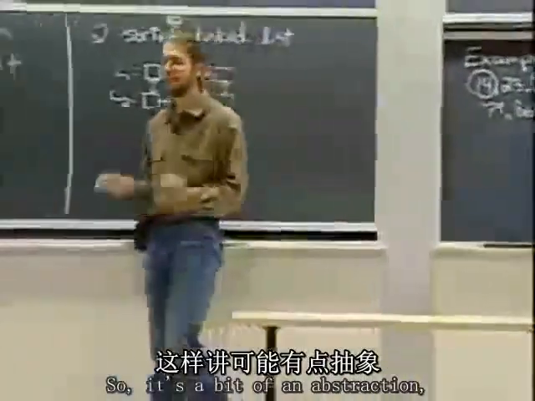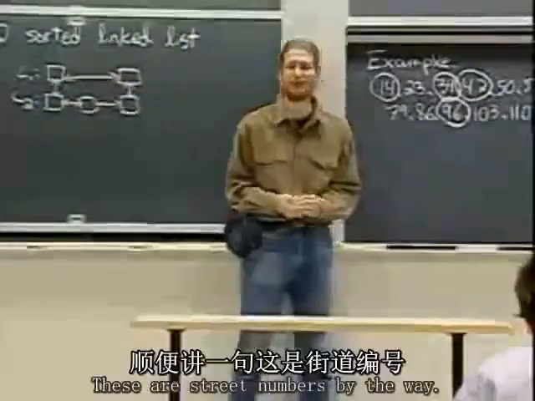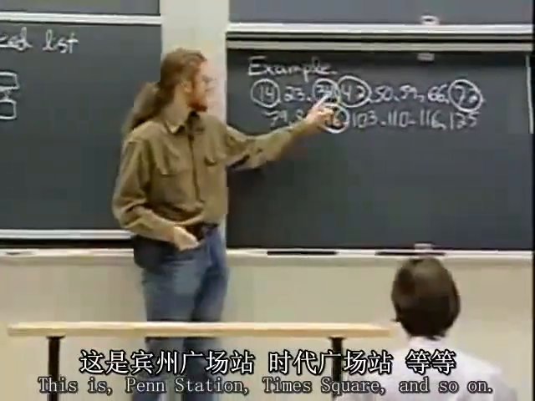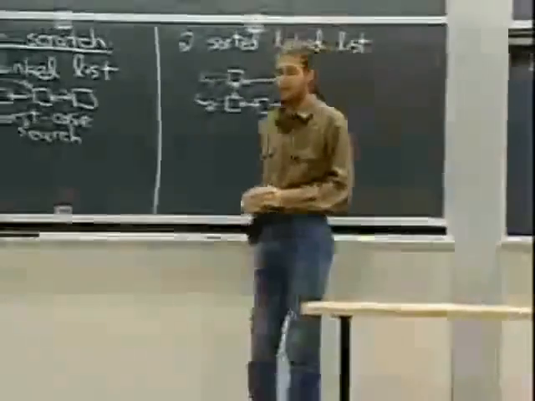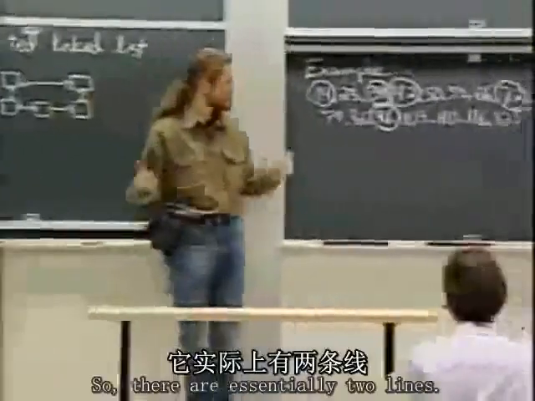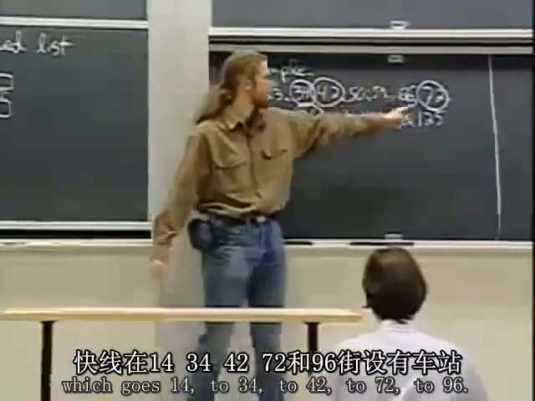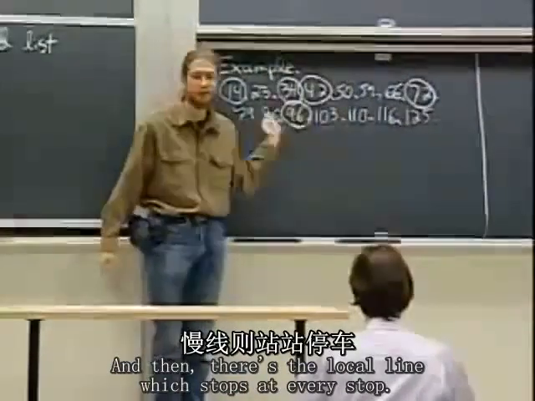So it's a bit of an abstraction, but the 7th Avenue line has essentially two kinds of cars. These are street numbers, by the way. This is Penn Station, Times Square, and so on. Okay, so there are essentially two lines. There's the express line, which goes 14 to 34 to 42 to 72 to 96. And then there's the local line, which stops at every stop.